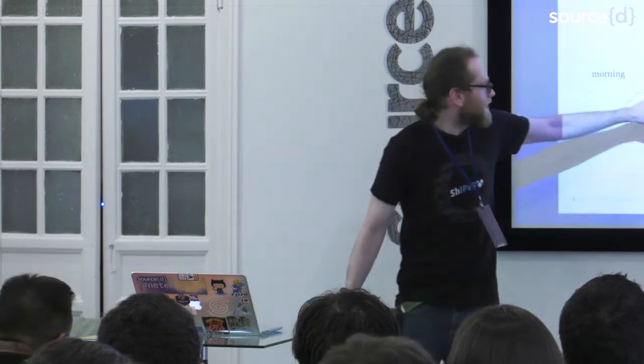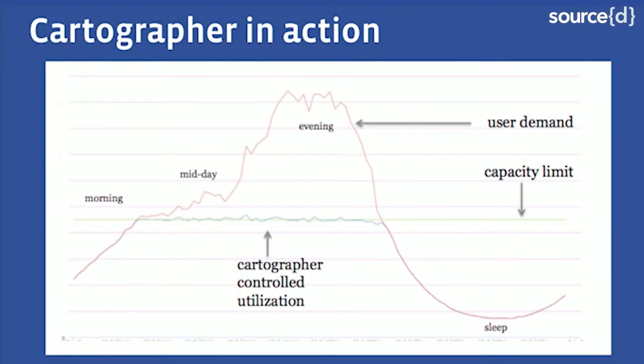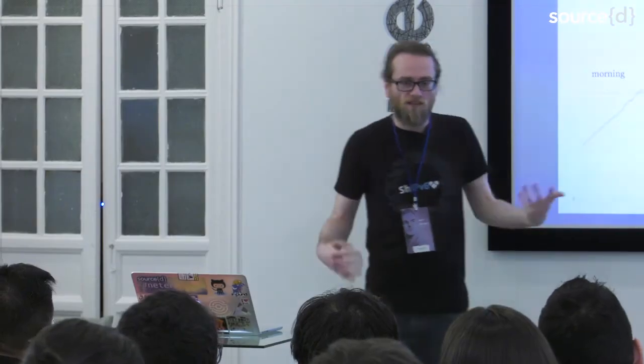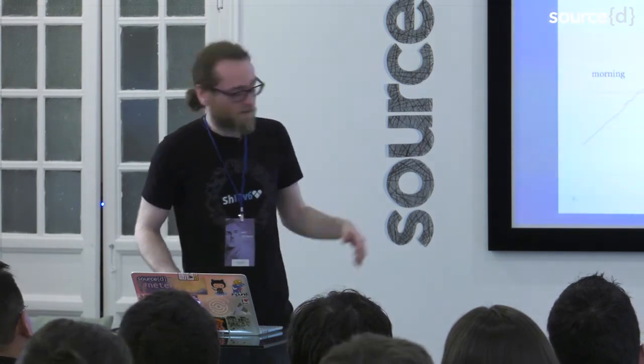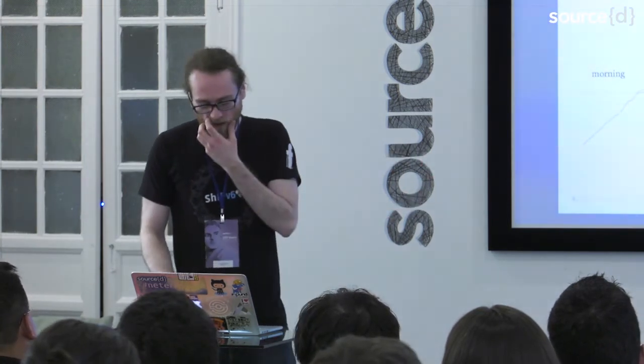And this little squiggly green line here is Cartographer working to keep our traffic in this POP as close to our max as possible. And you can see here, it actually does a pretty good job at it. We don't overload any POPs. All of this traffic then we would send somewhere else close by that has capacity, and then we would do the reverse if we have excess capacity here.